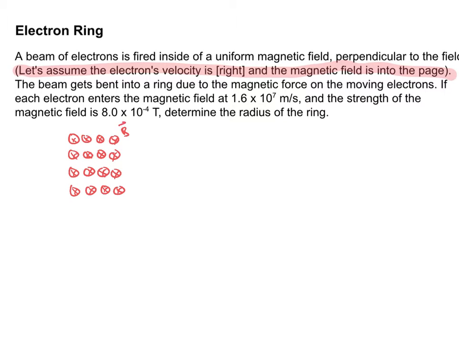And then we have an electron moving to the right. So we'll have an electron. So that's a negative charge, actually. The velocity's to the right.